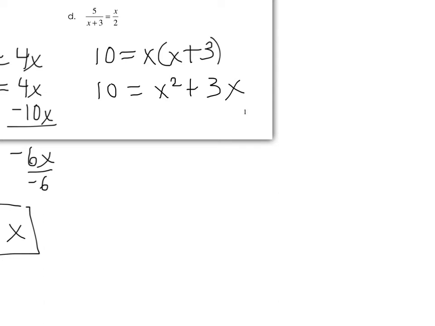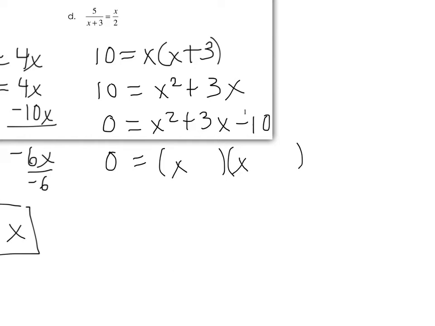Whenever we have x squared and x, we need to get equals 0. So if we subtract 10 from both sides, we get x squared plus 3x minus 10 equals 0. Let's factor that. We need a 5 and a 2. Let's make it plus 5 minus 2, and that will give us our middle term of plus 3x.